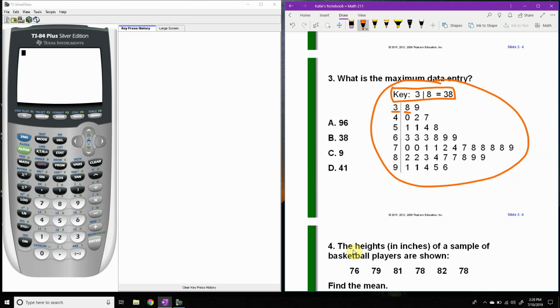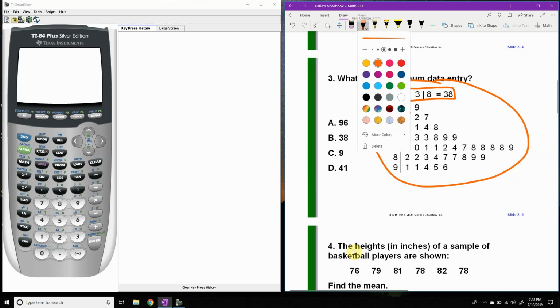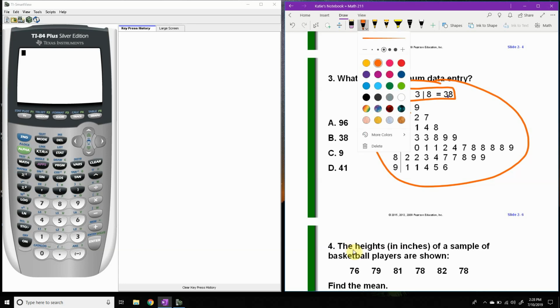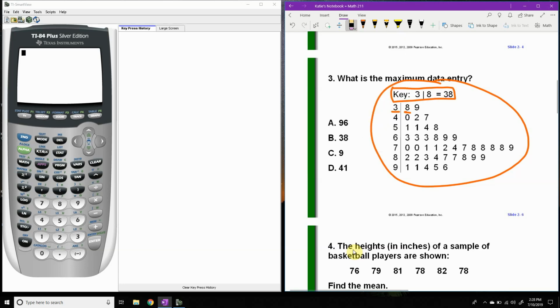So we're saying that this line here in the middle is separating the 10s from the 1s. Sometimes that line is not just a difference in place value, but it's denoting a decimal. Sometimes that line means that the decimal point is in between those two digits. So you really want to pay attention to how the key is set up so you don't misinterpret the graph. That's an easy way to miss points and do something silly.